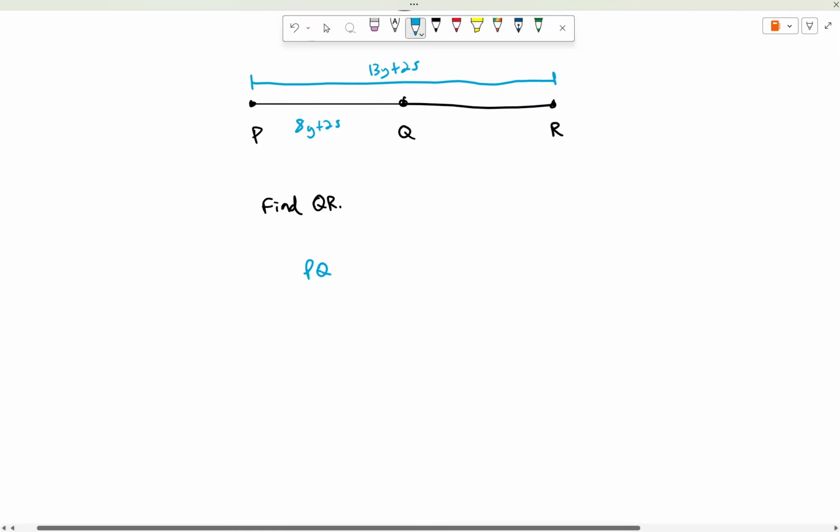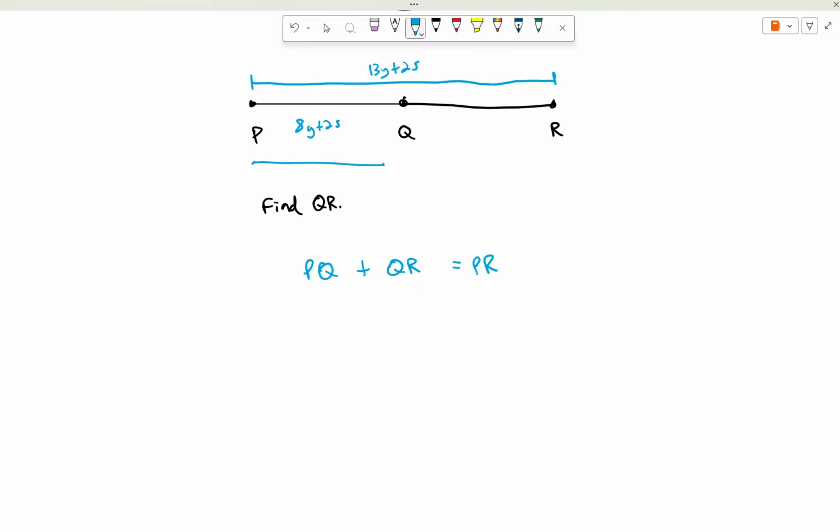PQ plus QR is equal to PR. Okay? That's my segment addition statement. Segment plus segment is equal to the whole segment.